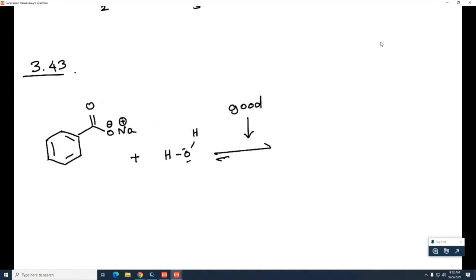Now, what do you think? Complete this reaction, use your mechanistic arrows, draw the products, and predict the direction of equilibrium. At this point, I'm going to erase this forward arrow and let you decide the direction. Draw the products first.